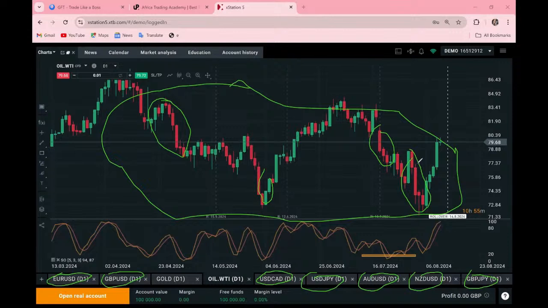So when it's forming the green one, it means that the price is going up. And from here, you see here now is the current price of this particular instrument you're watching. It means this particular instrument is trading at 79.70.